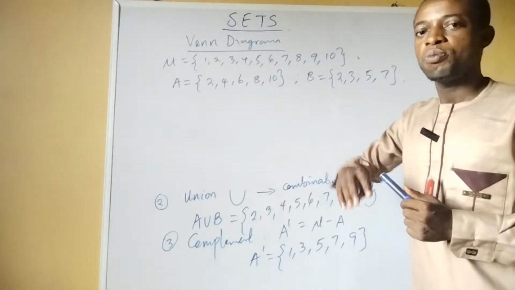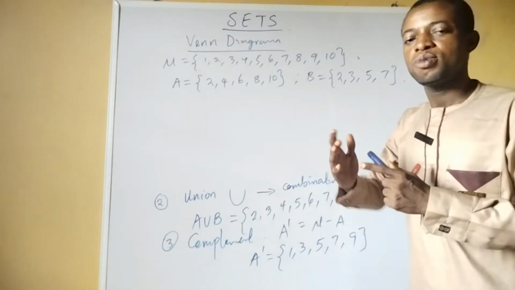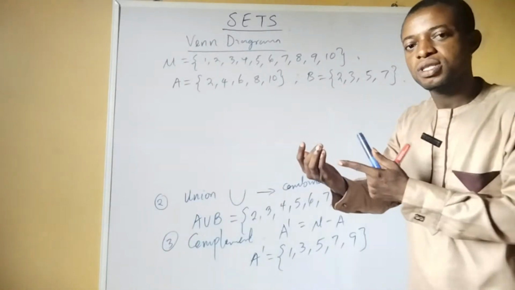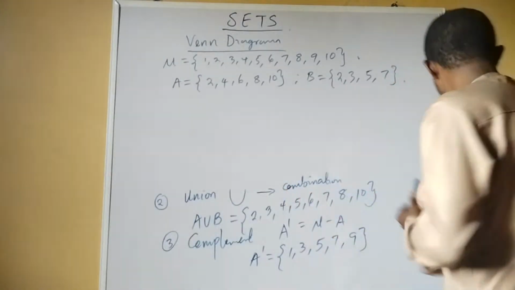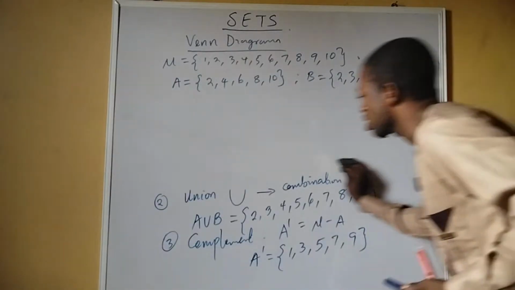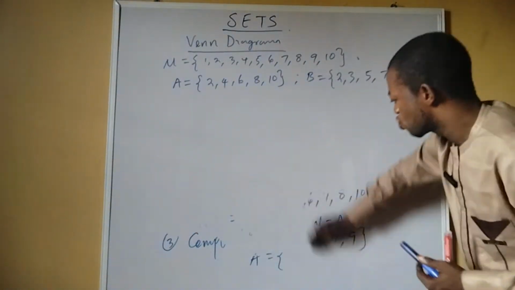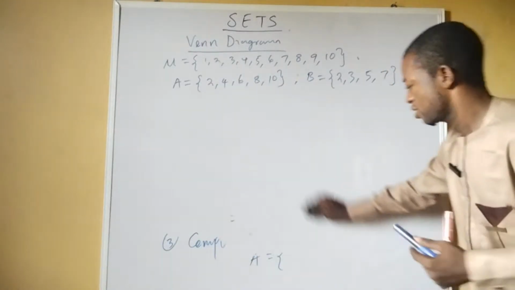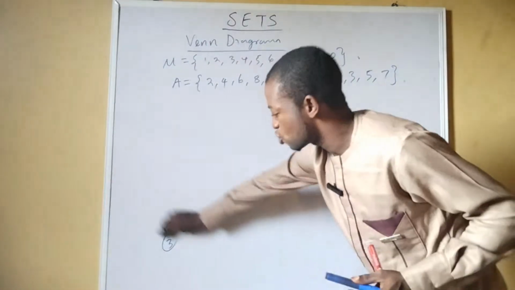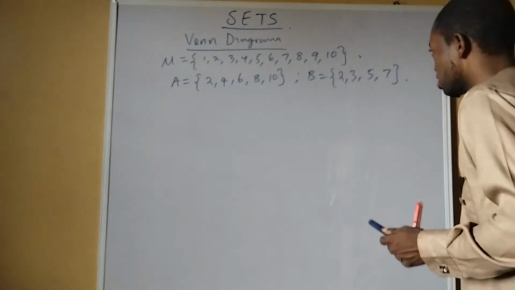That is, me looking at that diagram, I should be able to say, oh, this is what it is talking about. For instance, we have two sets here, which are subsets of this universal set.